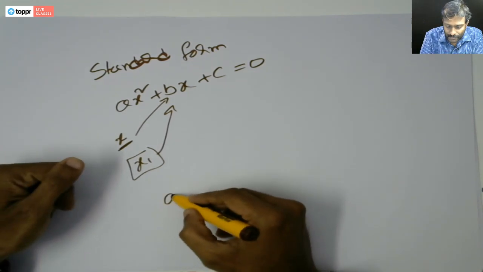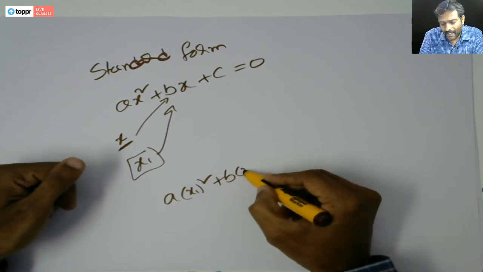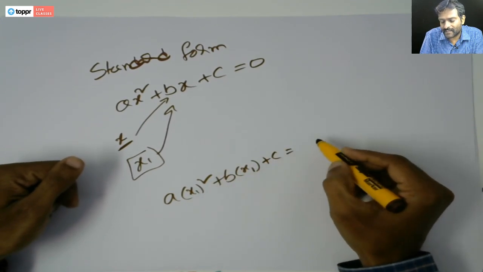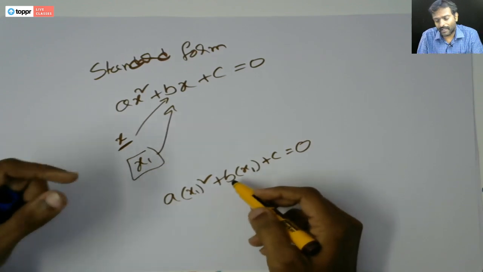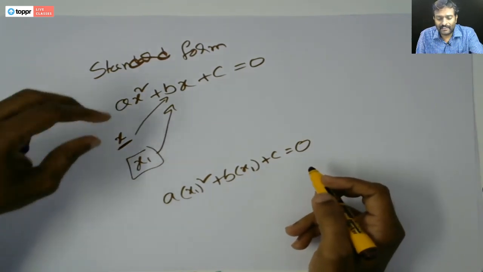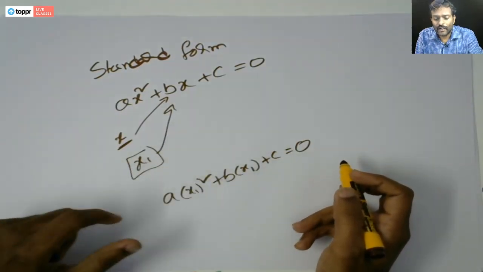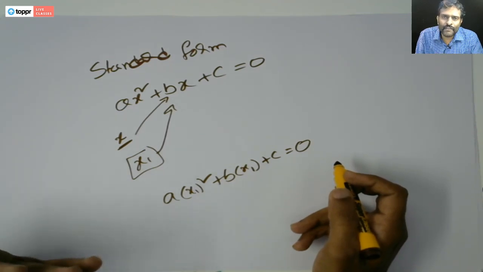That means when I substitute x1 in the place of x, my equation satisfies the condition given to me. That is, when I put x1 in the place of the variable, I get the value of the equation equal to 0. Then I call x1 my root. So in such a way we find the roots.